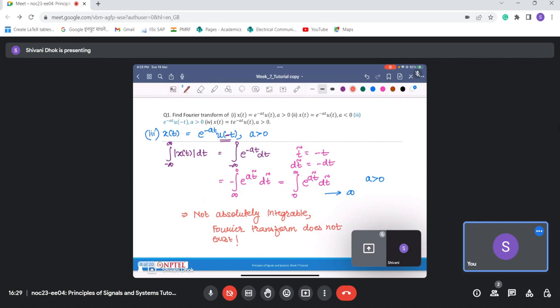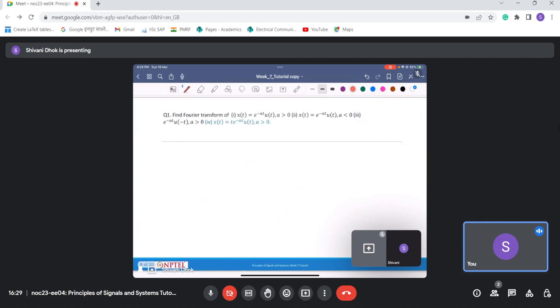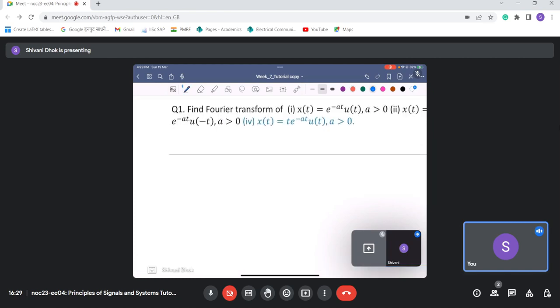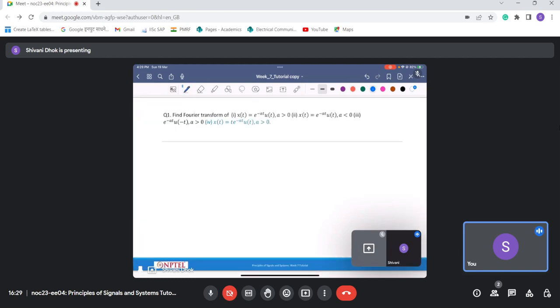Okay, now let us look at the last part of the first question. So it says that we have x(t) is equal to t into e power minus at u(t).